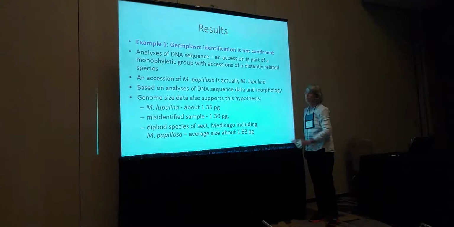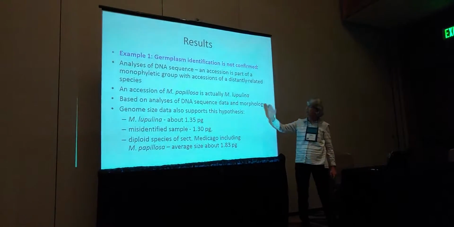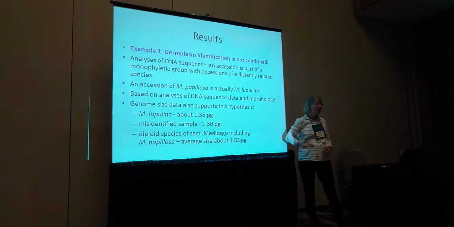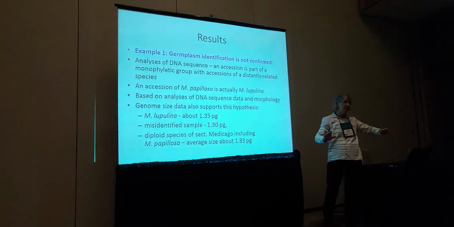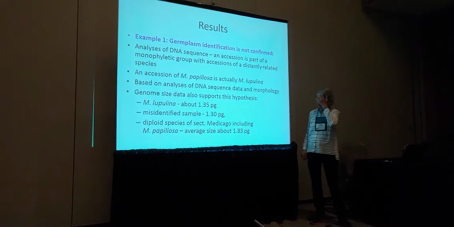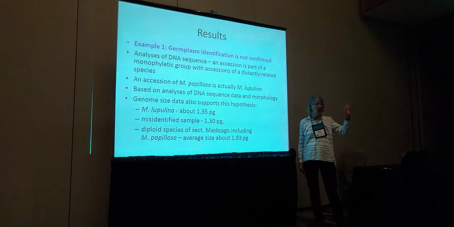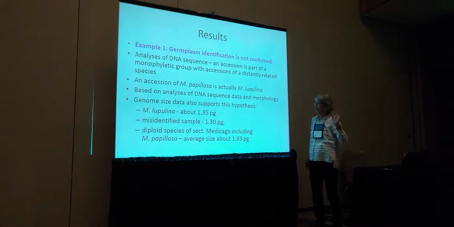So we have an example of an accession of Medicago papilosa, which is actually Medicago luculina, a really common lawn weed that you would see growing prostrate in lawns, not so much in Tucson, it's a little too dry, but in lawns and things further north, etc.